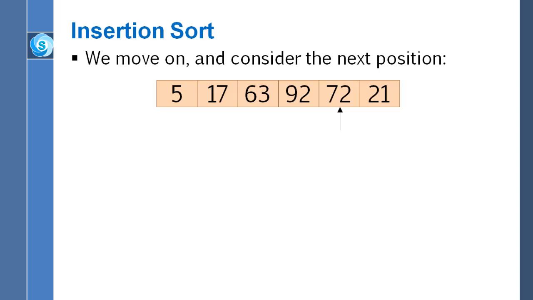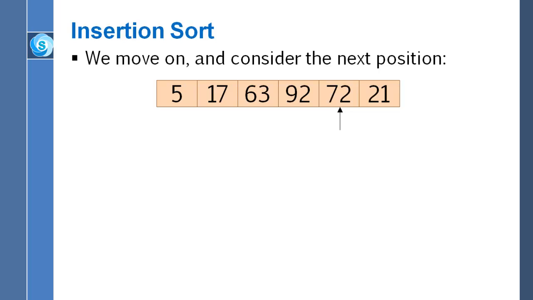That is greater than 72. So we have to go further back in the list. We have to examine 63. 63 is less than 72. So we infer that the 72 should come after the 63.